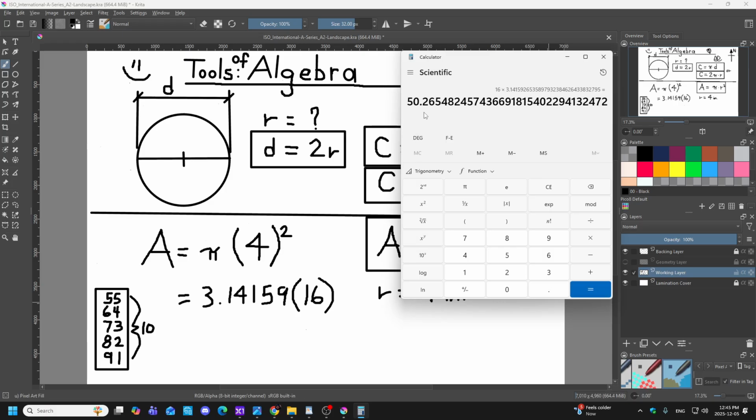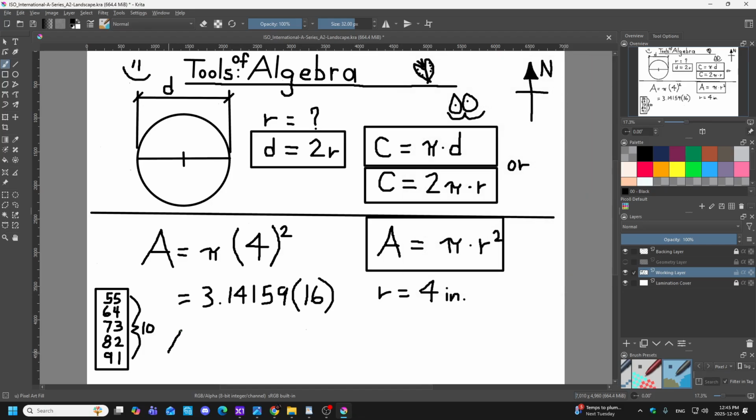So I'm going to round this, okay? Because 6 is greater than 5, right? We all know this. We have to round up the value that's in front of it. So my answer is going to be 50.3, because they're asking for the nearest tenths.